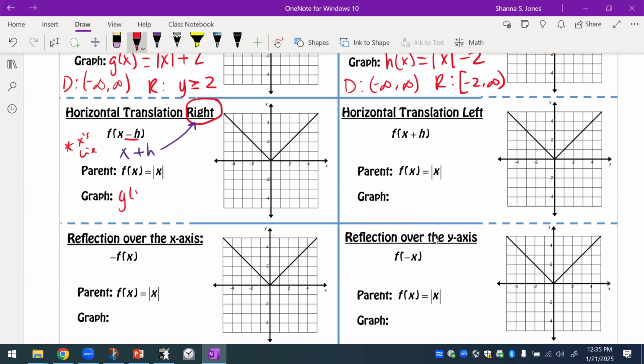So our g of x here would equal the absolute value, and notice that it's on the inside this time, of x minus 2. Because I'm substituting. Function notation tells me if it's on the inside, that's what I'm replacing my x with. So if I have x minus 2, that means that this function is going to move 2 units to the right.